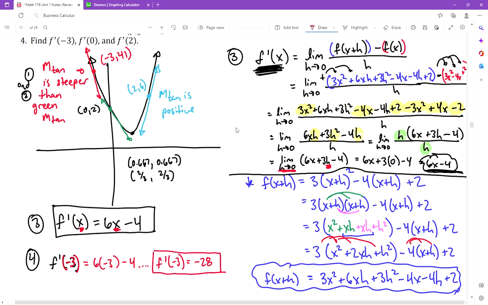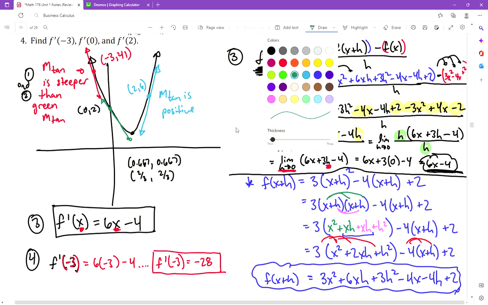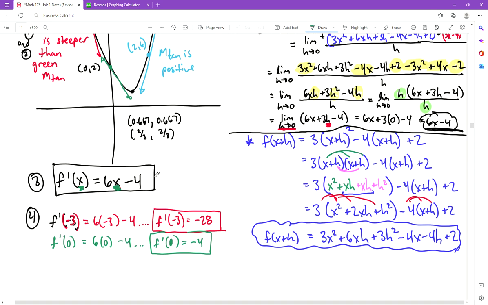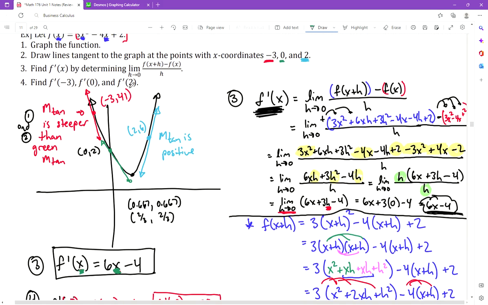And then let's get our other ones. I'm going to do this one in green. We want f prime of 0. Those x's are becoming 0, so 6 times 0 and then -4. Simplify: f prime of 0 is -4. And then the last one they wanted was f prime of 2.